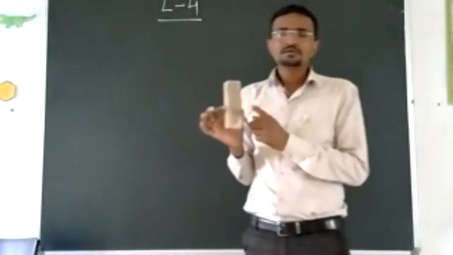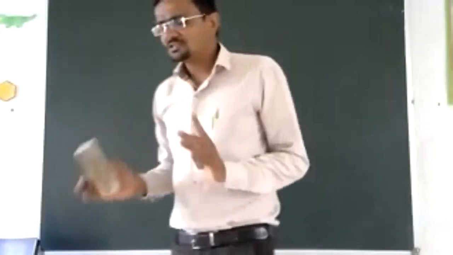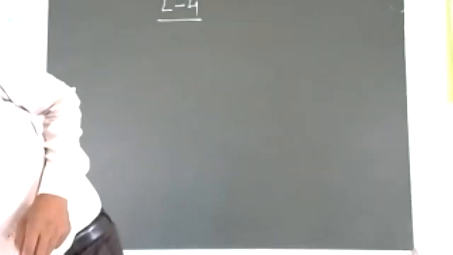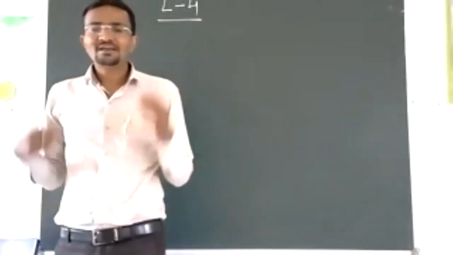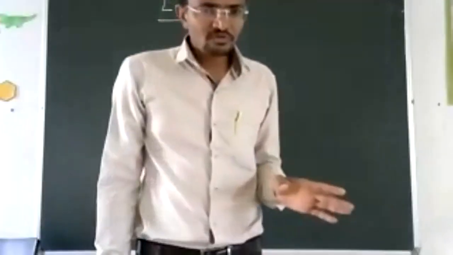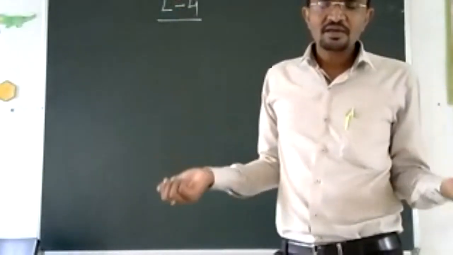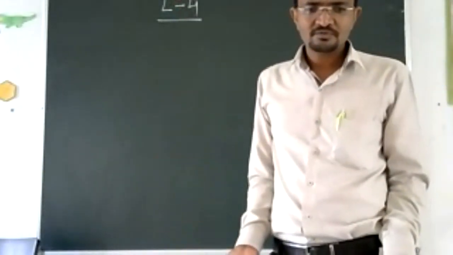The duster is made from wood. So all the things which you see around you are made up of glass or wood, paper, and any other materials.